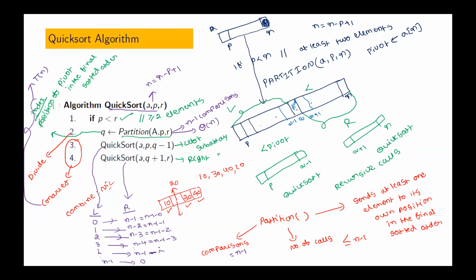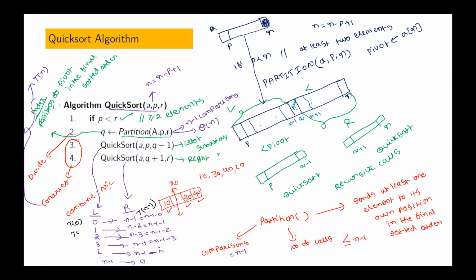But we don't know exactly. If left is 0 elements, the time it takes is T of 0, and if right is n minus 1, it is T of n minus 1. This is one combination: one side 0, one side n minus 1.